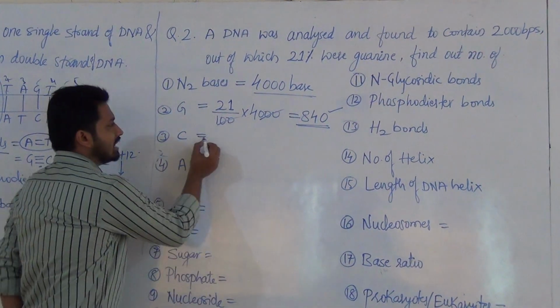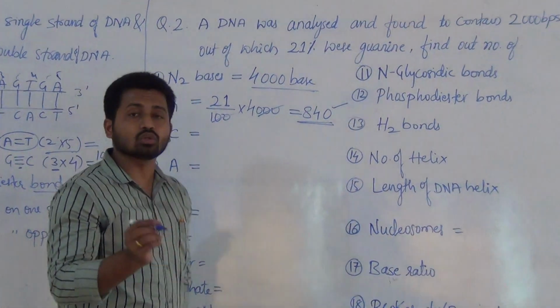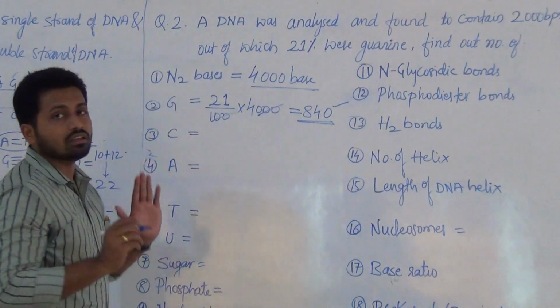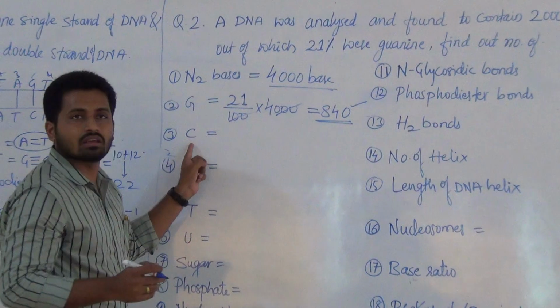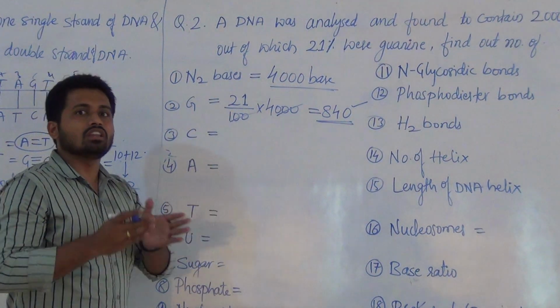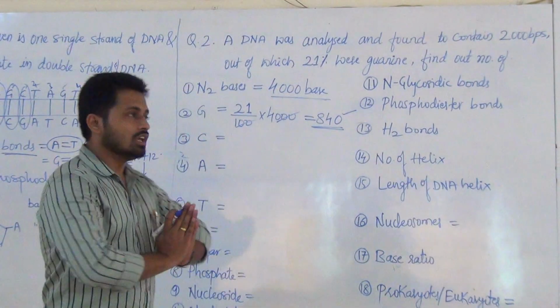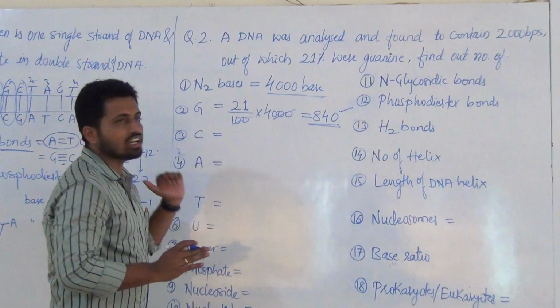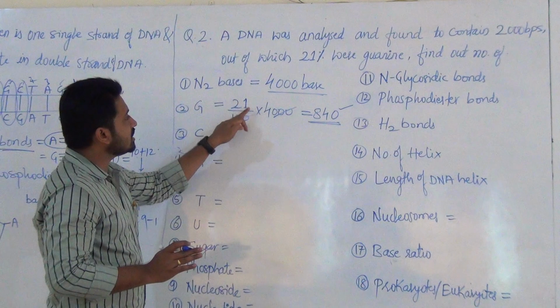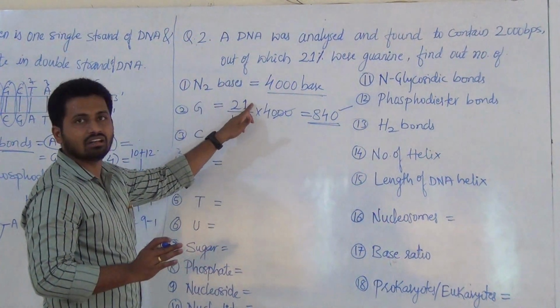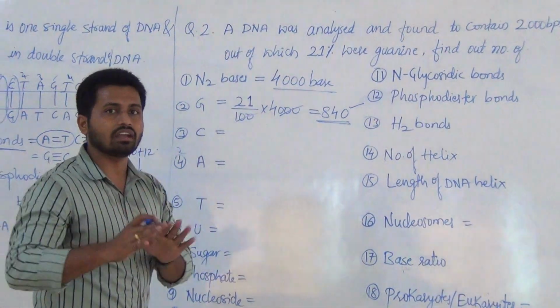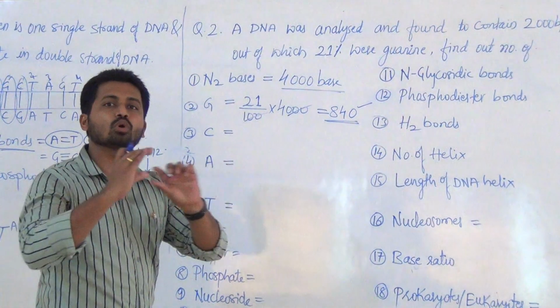Now next question, cytosine. Of course, according to Chargaff's rule, guanine equals cytosine, because the molar concentration of purine equals pyrimidine. Here purine is guanine, pyrimidine is cytosine. So when the percentage of guanine is 21, it pairs with cytosine in equal proportion, again 21%.